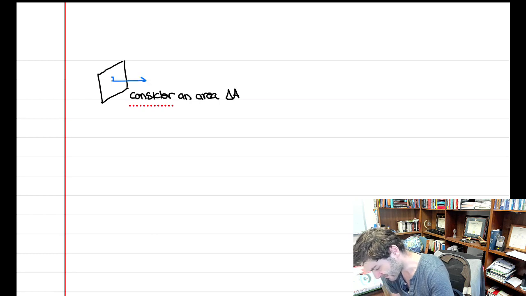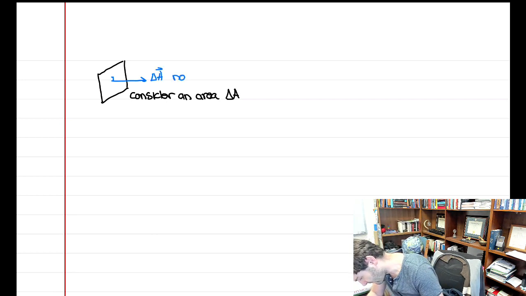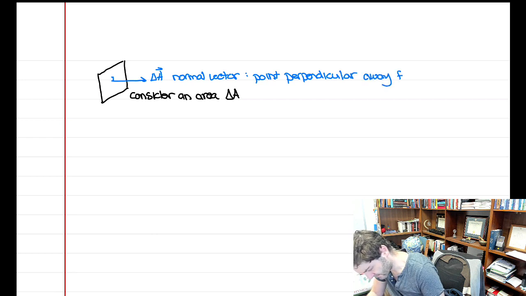And this is a vector, which I'll call delta A with a vector sign. And this normal vector points perpendicular away from the surface.